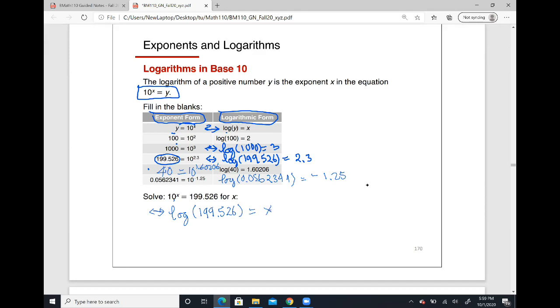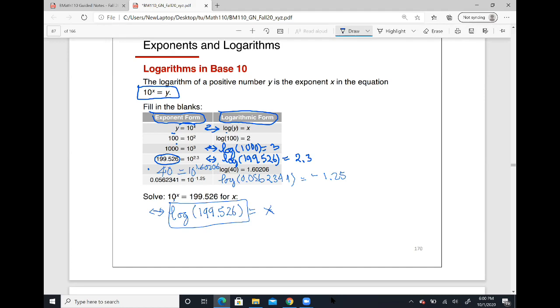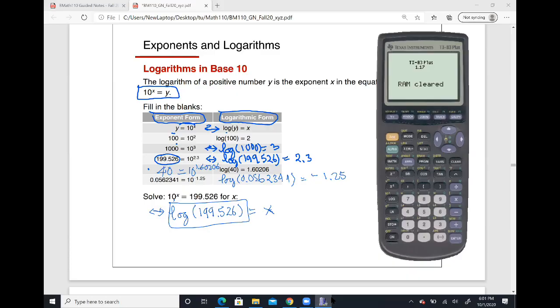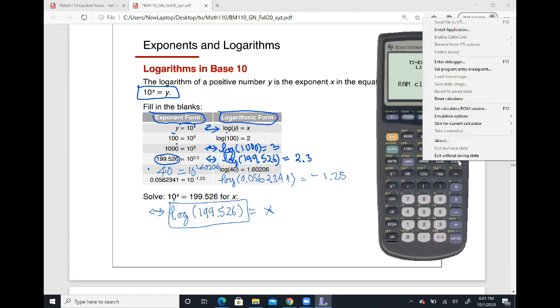What you do right now is use a calculator and tell me what log 199.526 is going to be equal to. So let's use the calculator now. Here is my calculator, and let me clean this up.